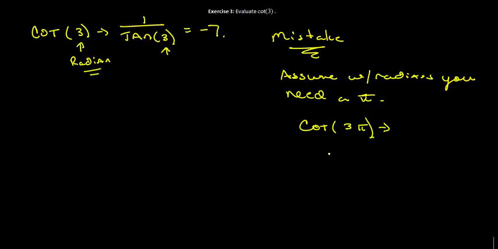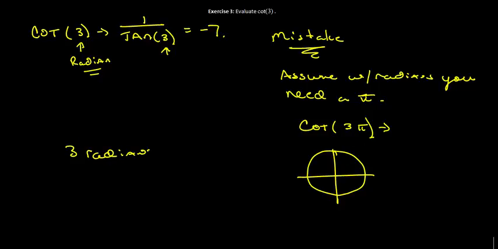So let's think about the way the circle works. 3 radians. Well, that's really close to 3.14 radians, which is pi radians.